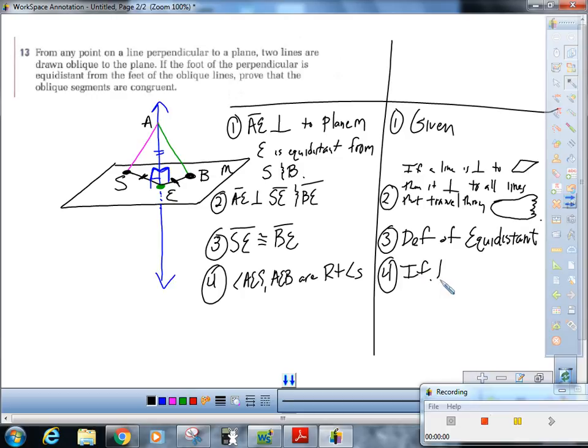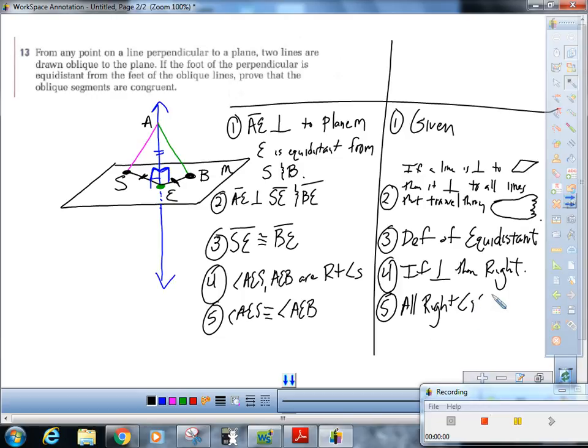I'll just write if perpendicular, then right, or definition of perpendicular would be fine for that. I know that angle AES is congruent to angle AEB, and that would be all right angles congruent. I know that AE is congruent to AE, and that's reflexive.